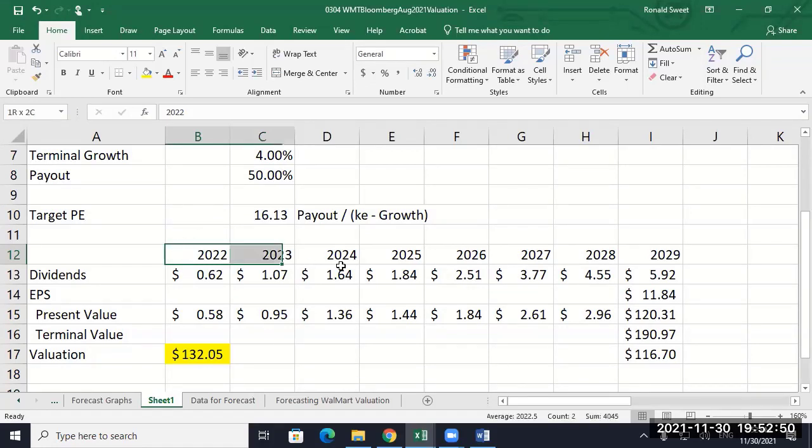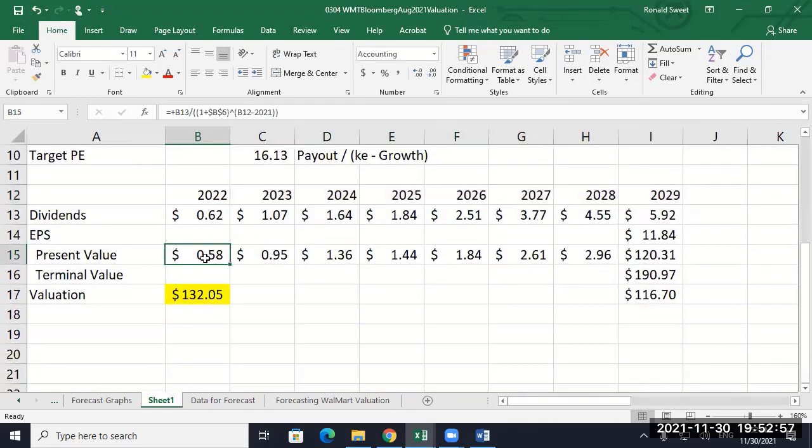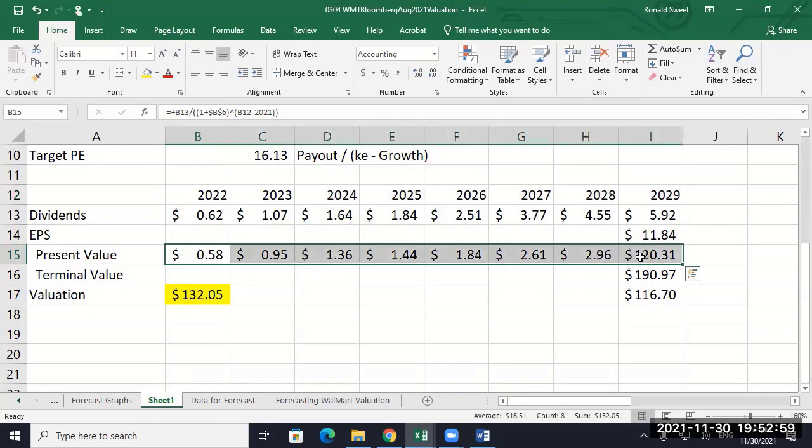But this is the standard investment bank approach, with the exception that we're using the KE, the discount rate, versus the WACC. So the standard is value the firm using the WACC, using free cash flow instead of dividends. So it's a little bit different model, but that's the traditional model.